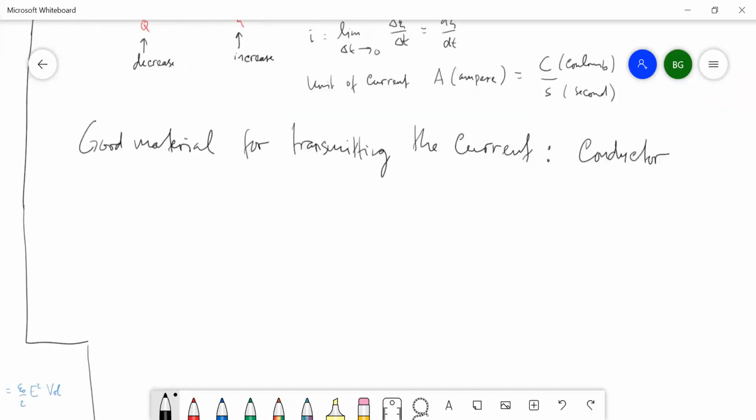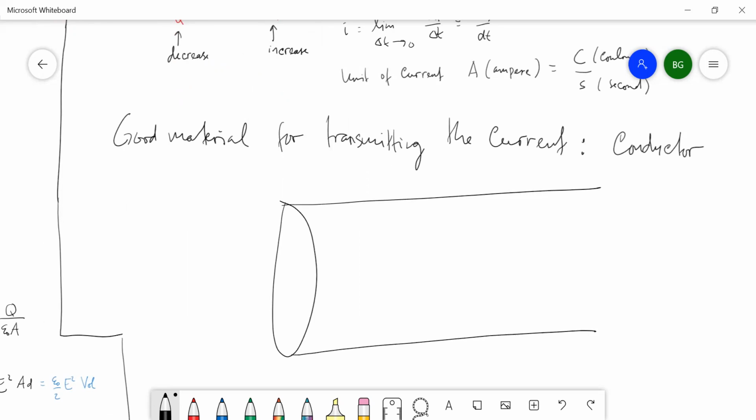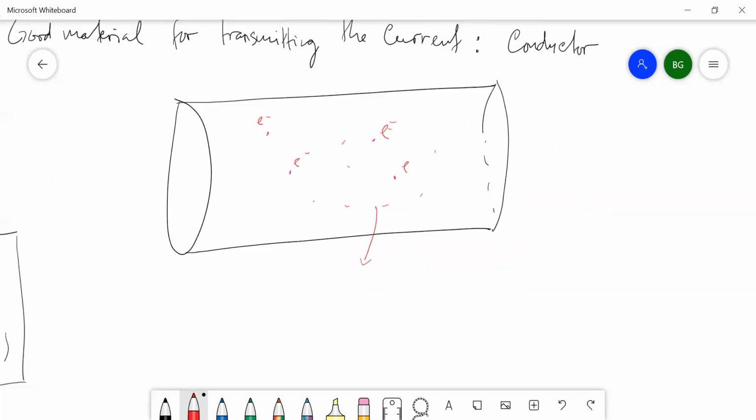Let's say I draw this cylindrical cable. In the conductor there are so many nearly free electrons. Why is it called nearly?